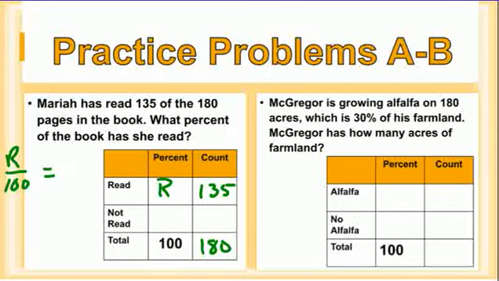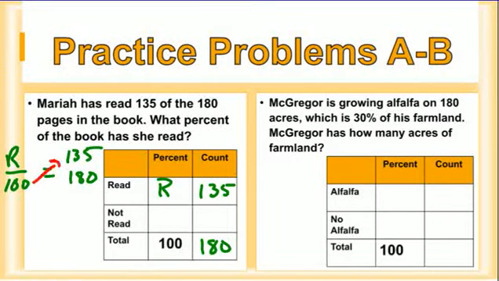It's the same as 135 over 180. Now I can think, what do I multiply 100 by to get 180? I know that if I multiply 100 times 1.8, I can get 180.